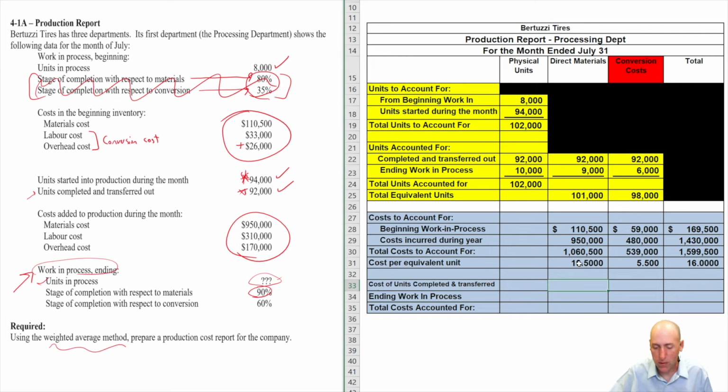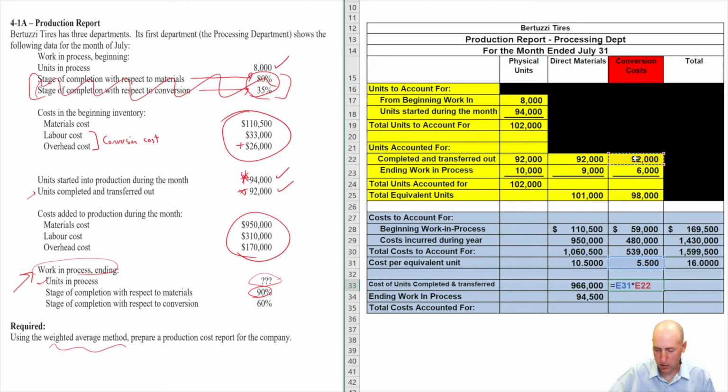So anyway, cost of units completed and transferred out. What we do for this cell is we take our cost per equivalent unit, 10.5, and we multiply by completed and transferred out under direct materials, 92. Ending WIP, I take 10.5, I multiply by the ending WIP, which was 9,000 in that column. Same thing here, I take 5.5, I multiply by 92.